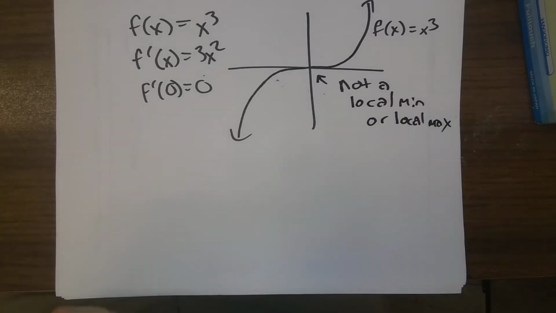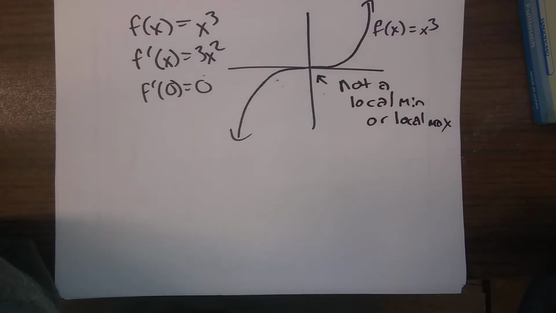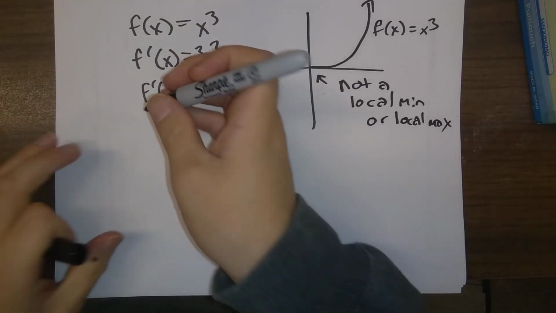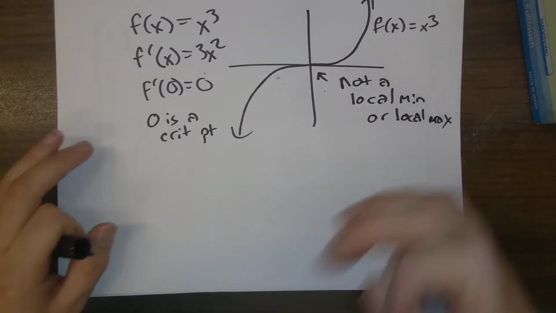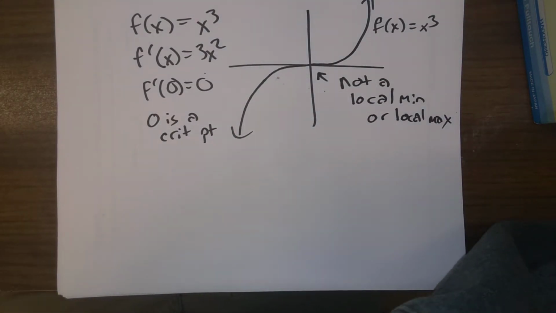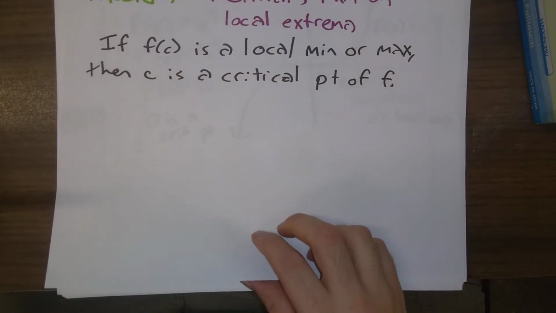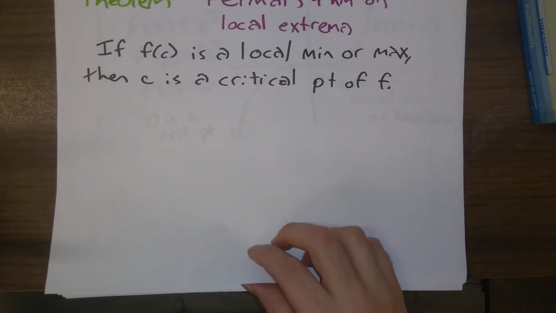It's neither. And so just because we have a critical point doesn't guarantee that we have a local min or a local max. However, in the other direction, if we do have a local min or local max, we are guaranteed that we have a critical point.